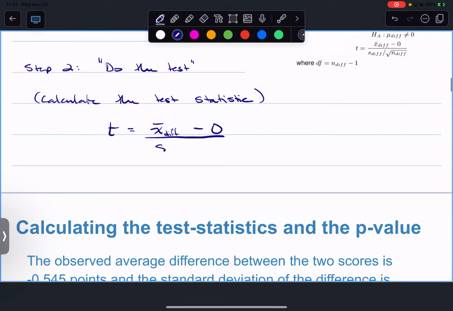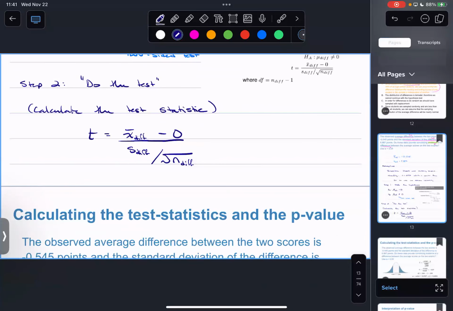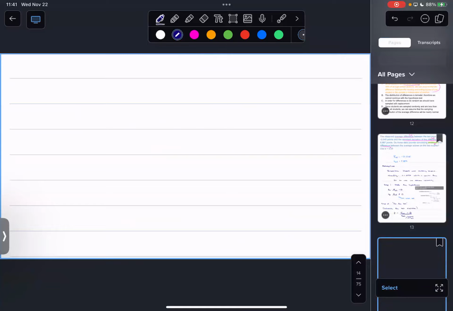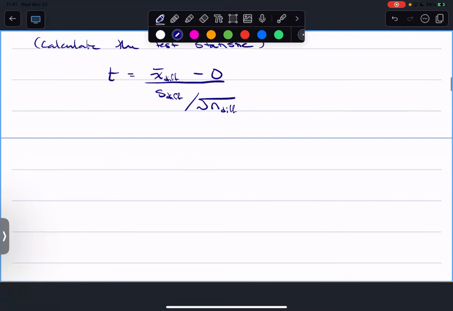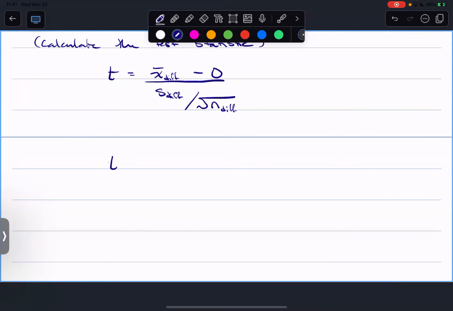Divided by the standard deviation of the differences divided by the square root of the number of the differences. We have all these components from the question, so now it's a matter of just plug and chug.